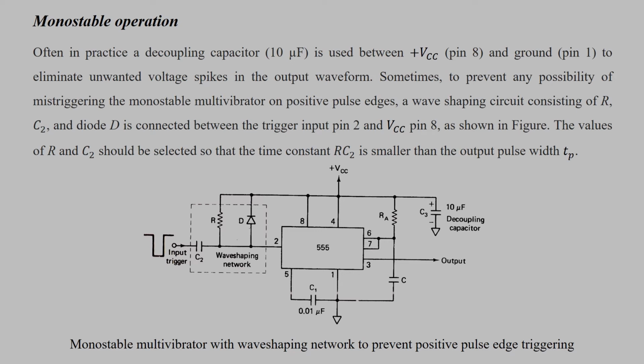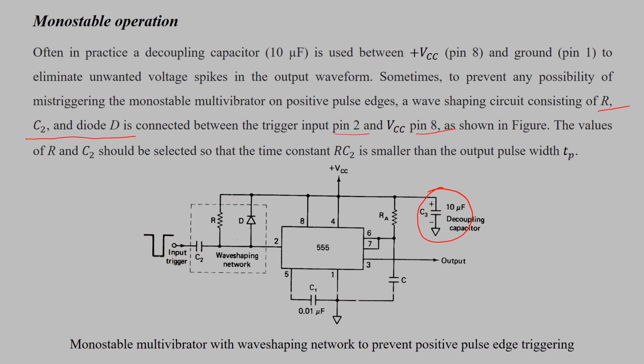Often in practice, a decoupling capacitor of 10 microfarad is used between plus VCC and ground pin to eliminate unwanted voltage spikes in the output waveform, and sometimes to prevent any possibility of mistriggering the monostable multivibrator on the positive pulse edge, a wave shaping circuit consisting of R, C2 and a diode is connected between the trigger input pin 2 and VCC.